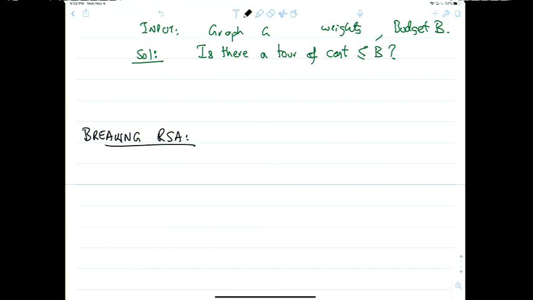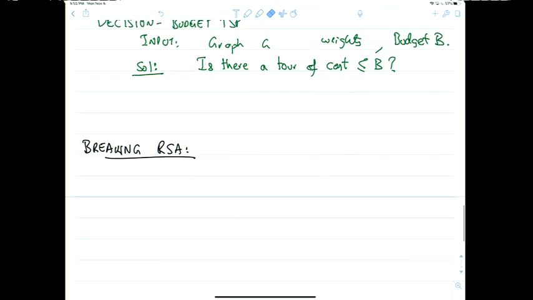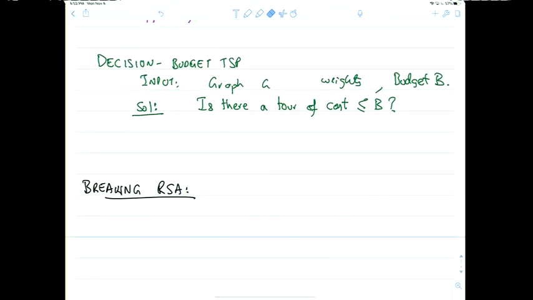Yes, question? Quick question. So for the last one, like the decision budget TSP, I don't know if you mentioned, but what was the classification for that? Okay, the question is, decision budget TSP, is this in NP?